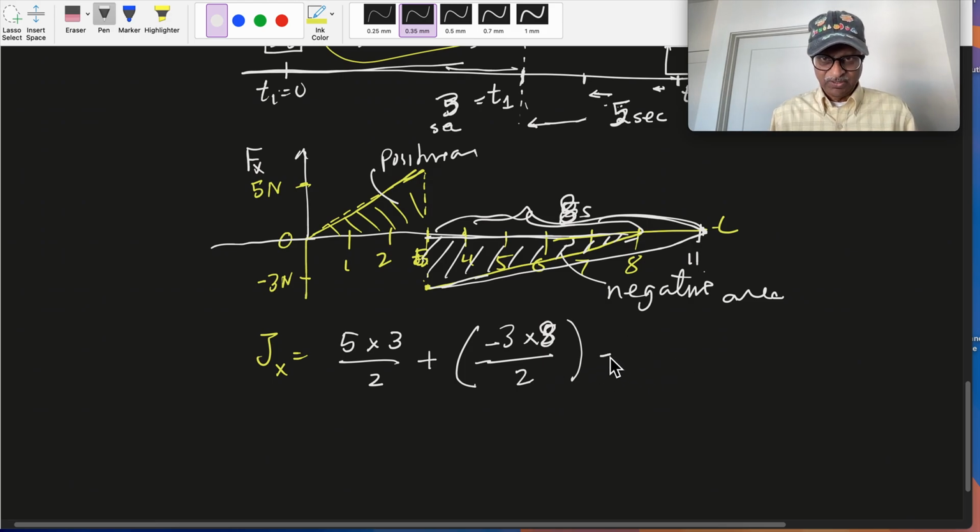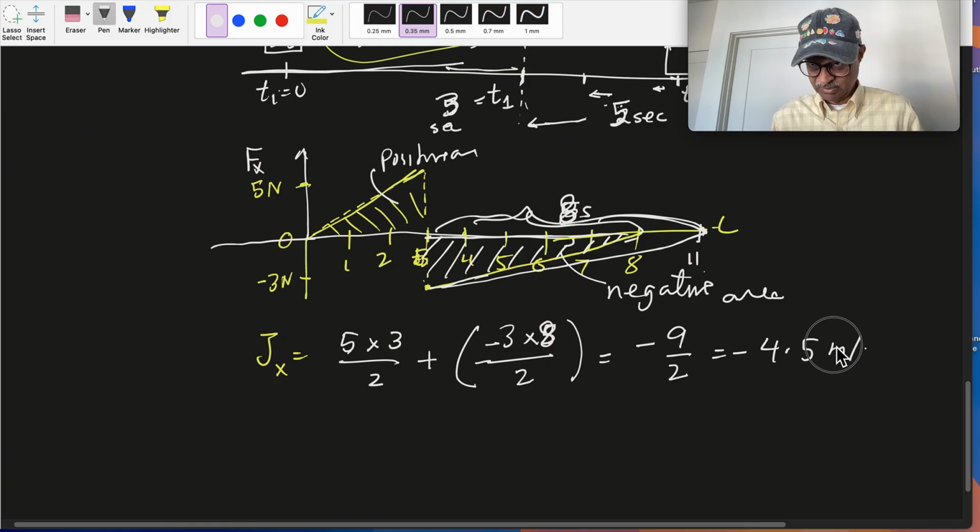You can already see that 5 of that will kill this part, and so you'll be left with minus 9 over 2, so minus 4.5. It's going to be Newton times second.